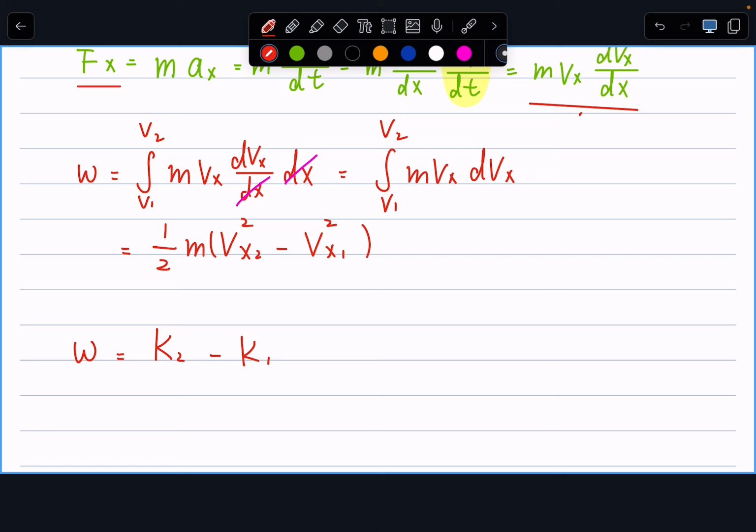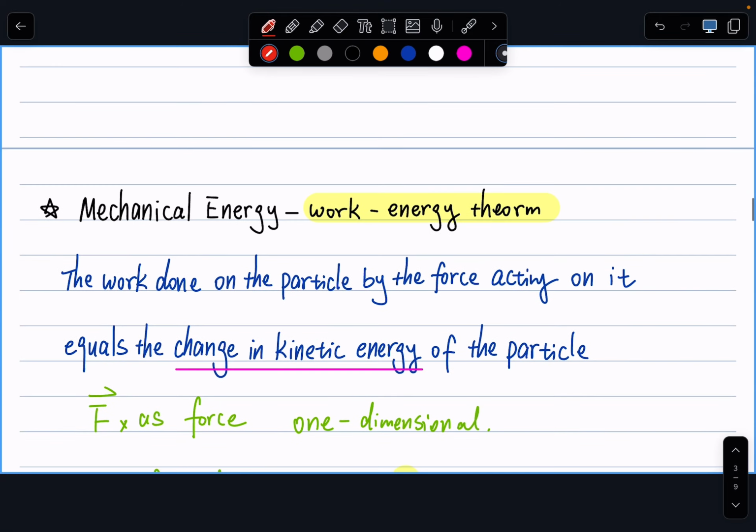Right, so again, back to our original definition of the work energy theorem, what we are saying is that the work done on the particle is the same as the change in kinetic energy of the particle. So keep this in mind. We will come back to it very soon, talking about why it is important to remember work is a property that's only defined by the differences or the change in kinetic energy.